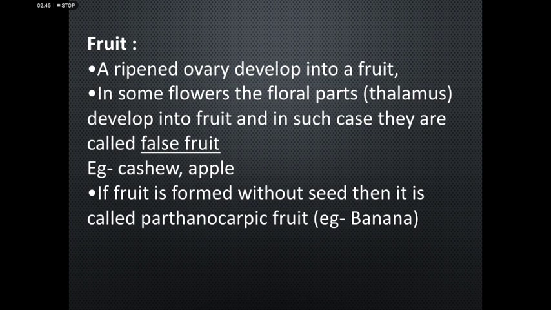That means a mature ovary develops as fruit, while in some cases the thalamus is converted as fleshy edible portion. Such fruits are known as false fruit. Example cashew, apple, etc. In cashew and apple, the thalamus acts as the fleshy edible portion.